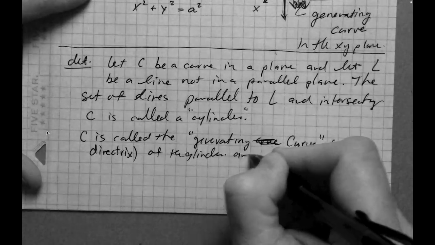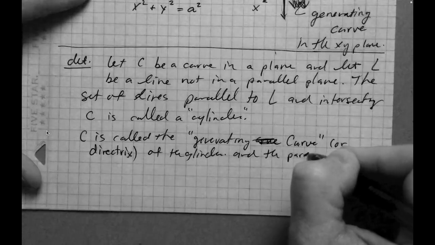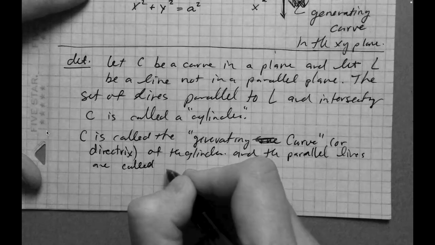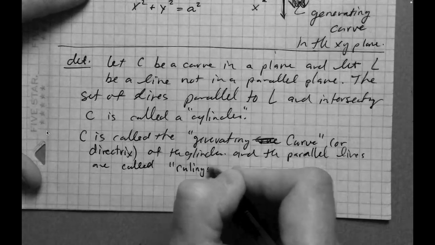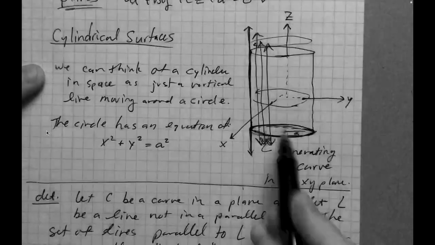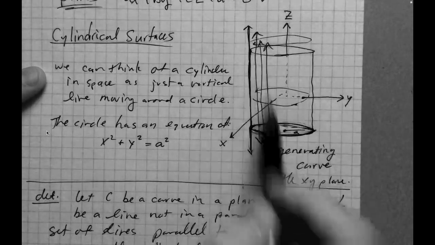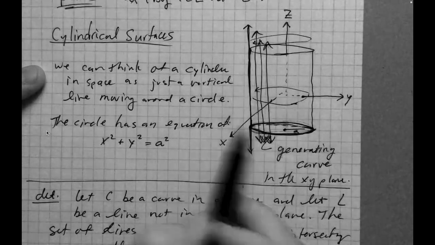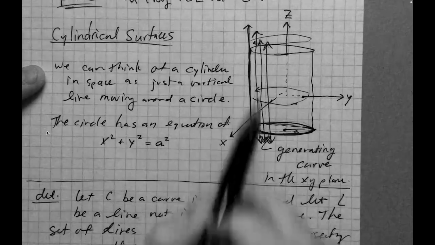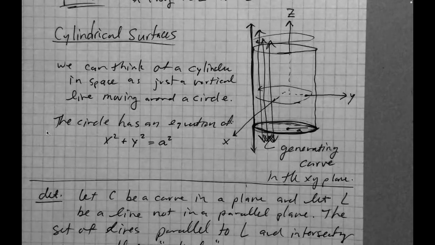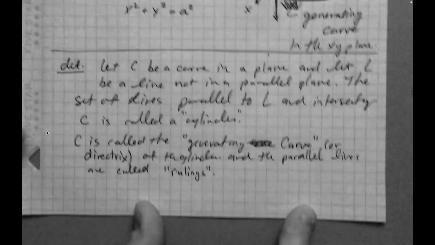And the parallel lines, they have a name as well. They are called rulings. So you've got this generating curve, and you've got the set of all such vertical lines, aka rulings, that intersect the curve and are parallel to this given line. They make up what's called a cylinder. So that's the formal definition of a cylinder.